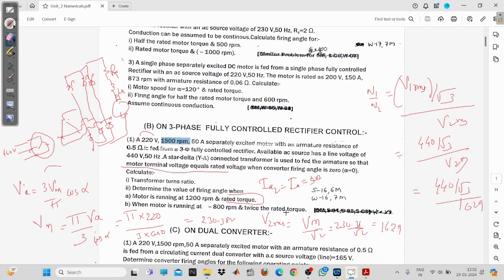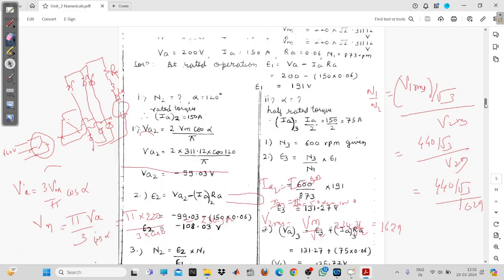It means that IA3 will be equal to twice IA, 2 into 50, that is 100 ampere. I think we have already discussed this in the single phase, so by using the same concepts you have to calculate the things. So I think we'll just directly go to the solution side.